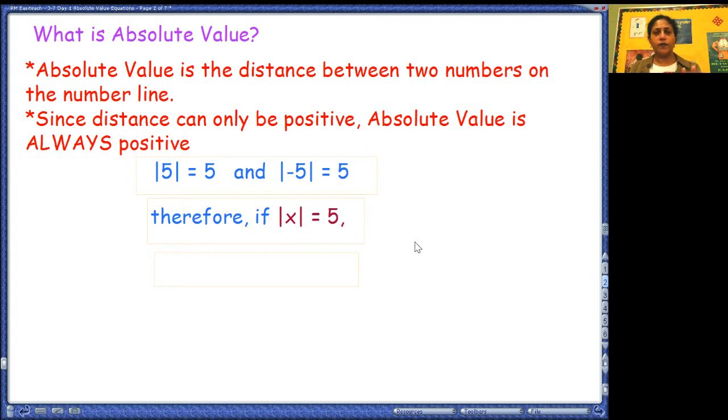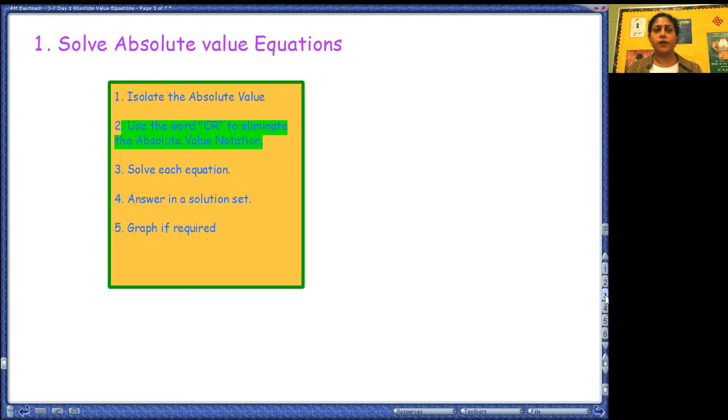Therefore, if we have a variable inside and we say the absolute value of x is equal to 5, you can conclude that either x is -5 or x is +5. So keeping that in mind, we're going to solve equations with absolute value. These are the rules.